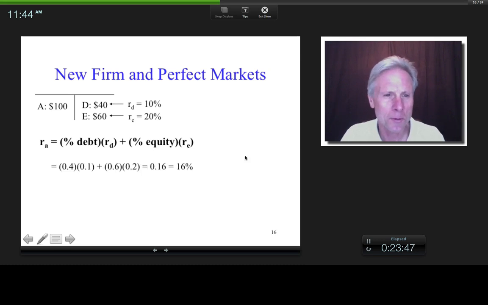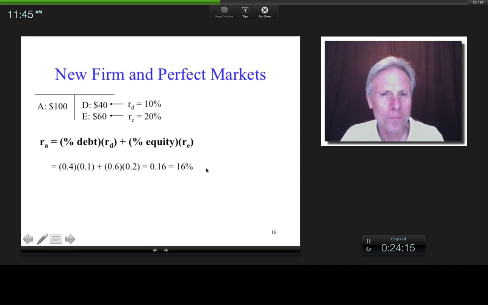So in this example, we have 40% debt on this side with a required rate of return of 10%. So there's that 0.4 and the 0.1. And we have 60% equity on that side, okay, with a required rate of return of 20%. So a weighted average of the discount rate for the asset investment decision would be 16%.